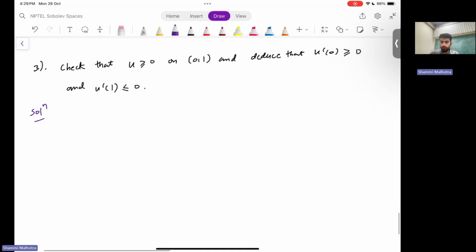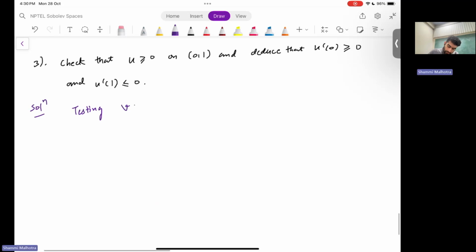So to prove this, to prove u is non-negative, it's enough to prove that u minus is 0 almost everywhere. So testing v equal to u minus in equation 1.